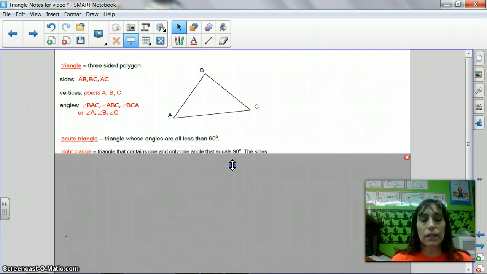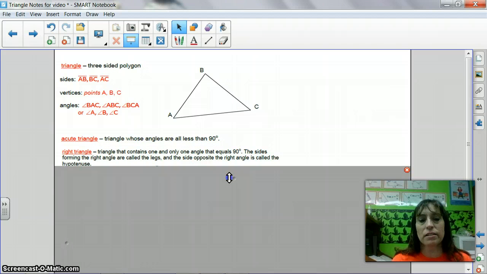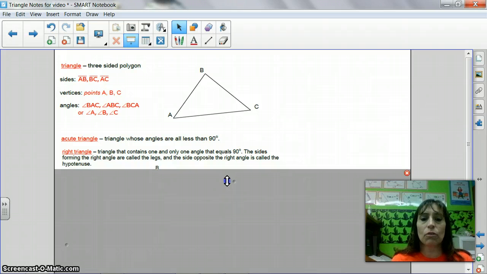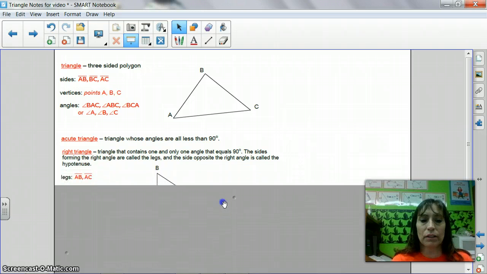All right. Then it goes on to talk about acute is less than 90, right is exactly 90. You know these things. The sides forming the right angle are called legs, and the side opposite the right angle is called the hypotenuse.